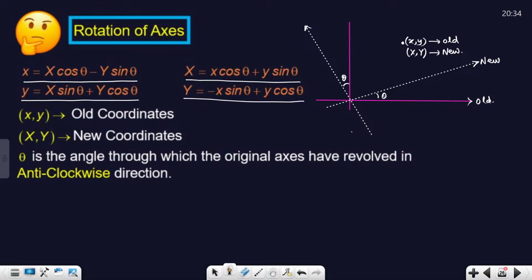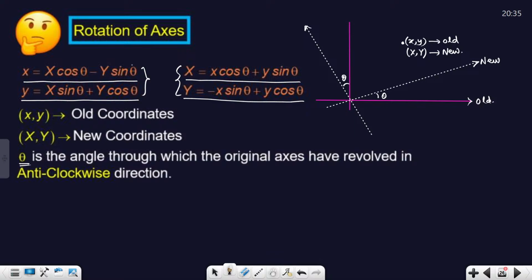I can prove it, but it will take a long time and is unnecessary. Simply remember that small x equals capital X cos theta minus capital Y sin theta, as written over here, and similarly for Y. This theta is an angle in the anti-clockwise direction. That is why we have taken this theta as positive.